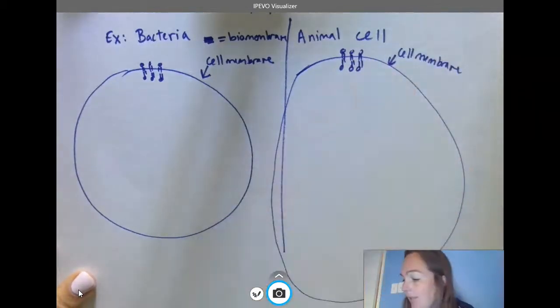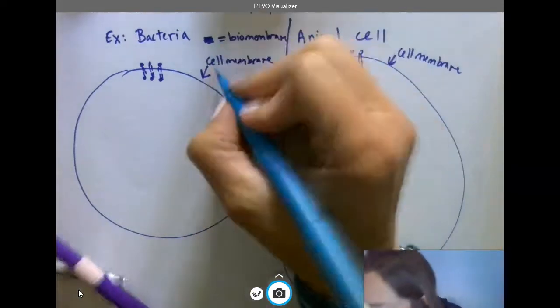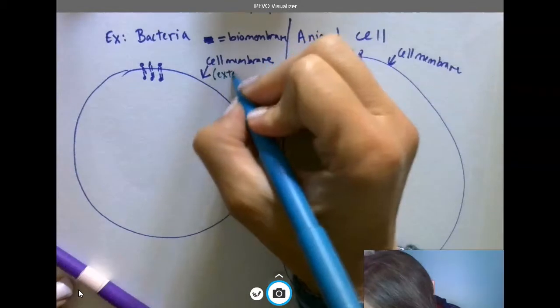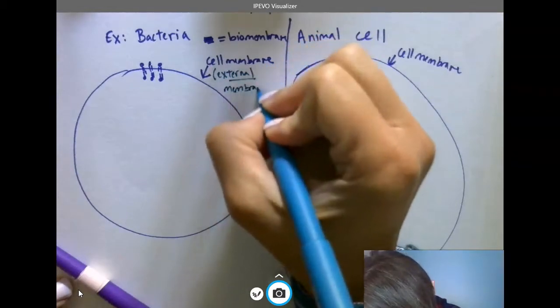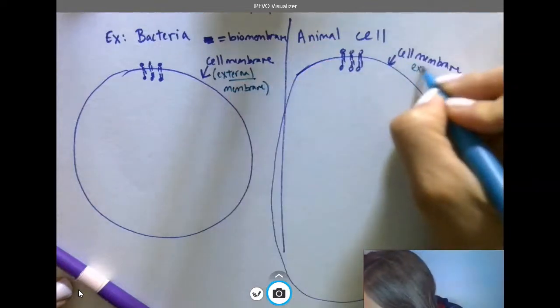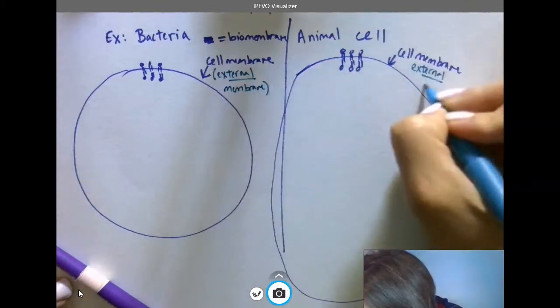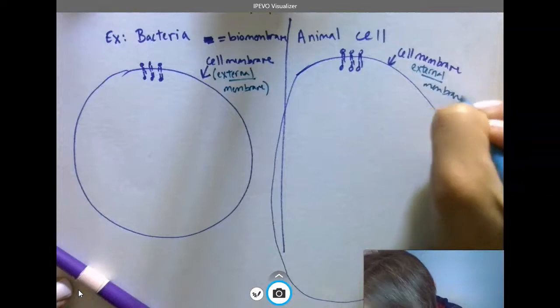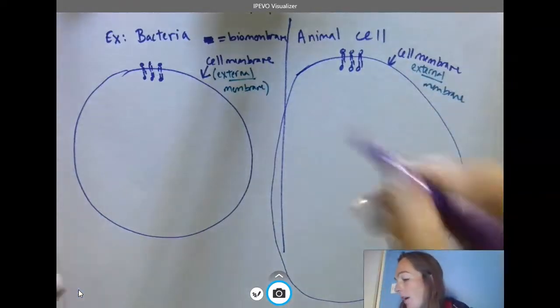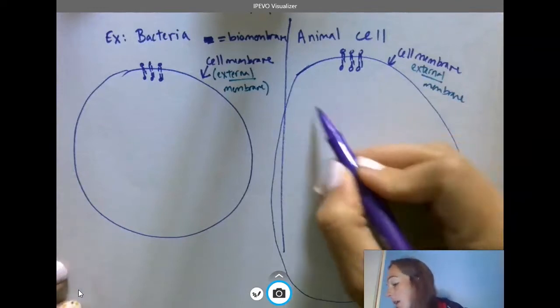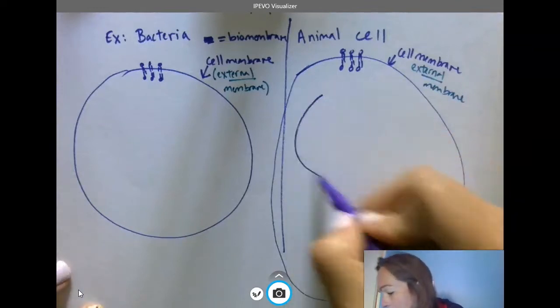But animal cells have internal membranes as well. So the cell membrane for both of these is considered their external membranes. And animal cells have internal membranes as well, which we call their eukaryotic organelles, their membrane-bound organelles.